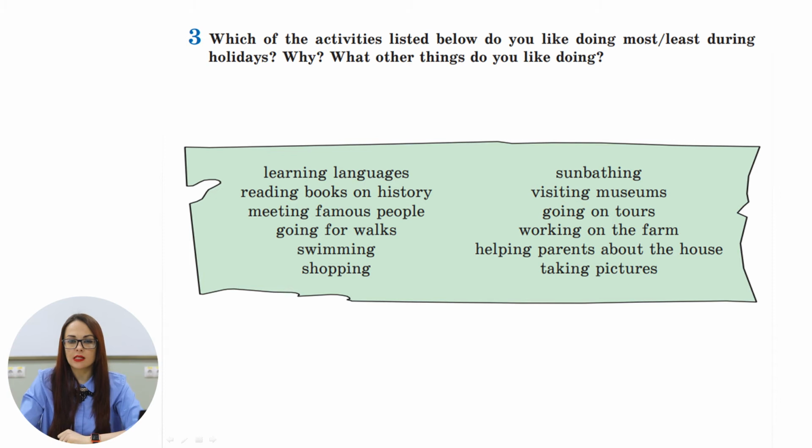In exercise number 3, we have a list of activities. Now look through this list: learning languages, reading books on history, meeting famous people, going for walks, swimming, shopping, sunbathing, visiting museums, going on tours, working on the farm, helping parents about the house, taking pictures.